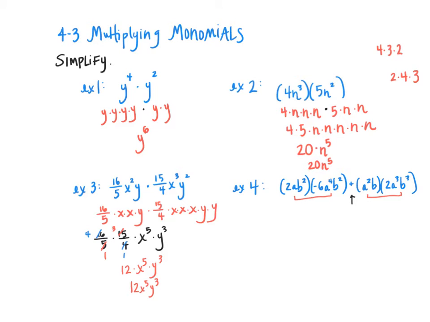Now, I want us to look back at example 1, 2, and 3 and see if you can identify the pattern. Notice we are multiplying by what we call the same base in example 1. So the base is y, and then we have an exponent of 4 and an exponent of 2. So anytime you multiply by the same base, I'm going to write this up here. When you're multiplying by the same base, I'm hoping that you're noticing the pattern.